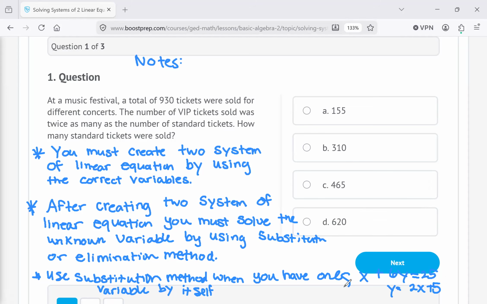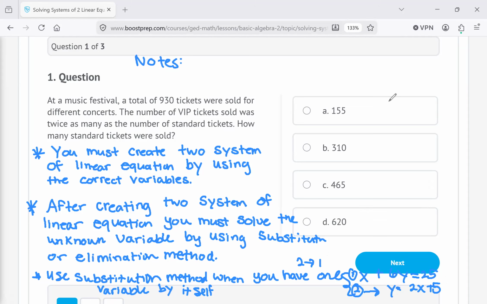This is a big clue that you would do substitution, because if you look at the second equation, you see how y is by itself. If one of the letters is by itself, that's how you know you would do substitution. So this is equation one, this is equation two. What you would do for substitution is substitute equation two into equation one. I will explain more when we do an actual example, but that's how you know to do substitution.